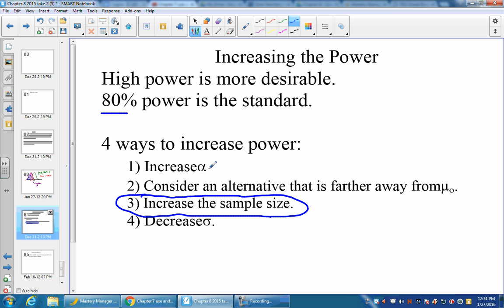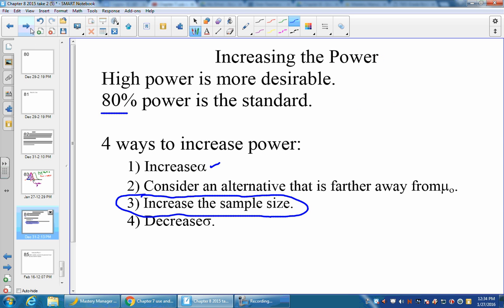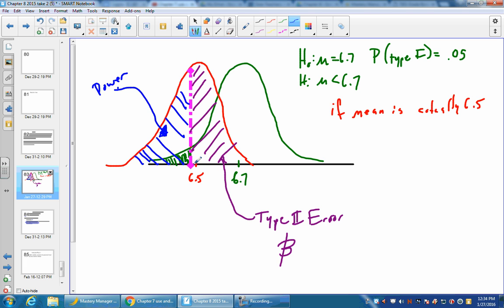The second thing you could do is increase your alpha level. If I move this green area up here, that's also going to slide this blue over as well. So that's a reasonable one. Consider an alternative that's further away from mu. If I picked this point instead of 6.5, and move this way, the power, the blue part, is going to increase.